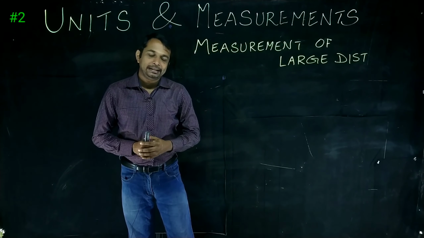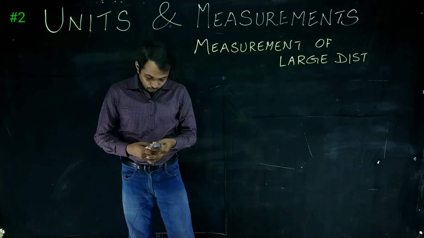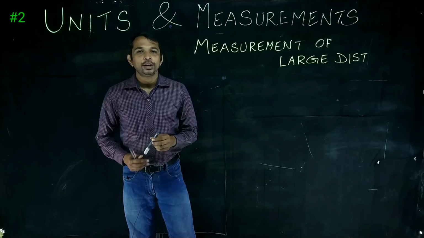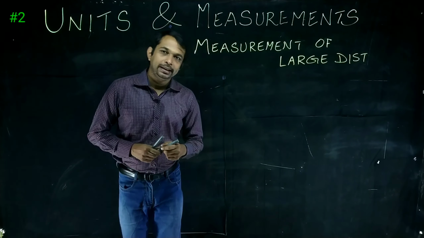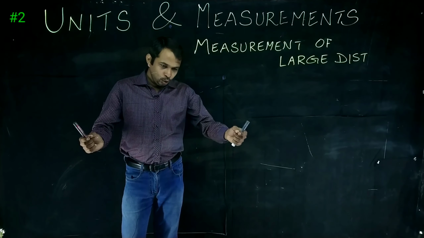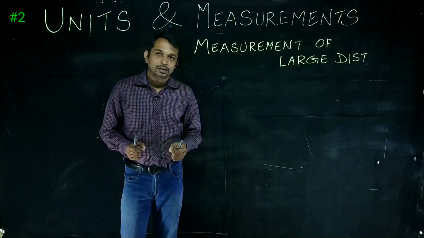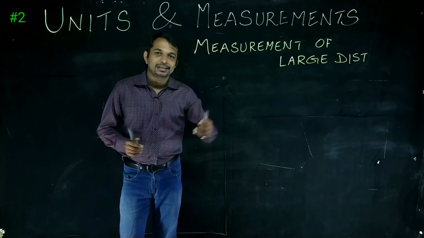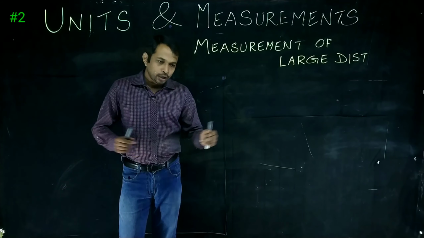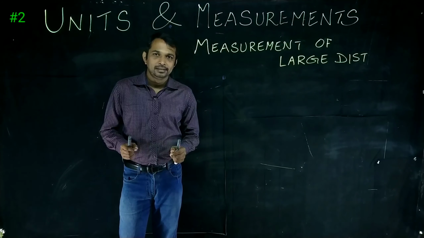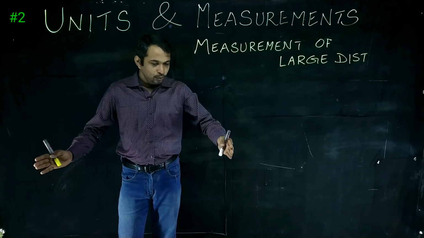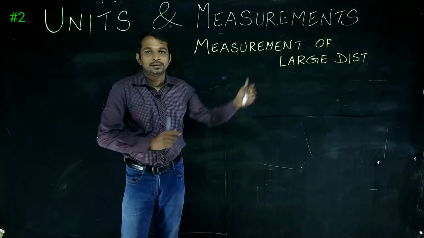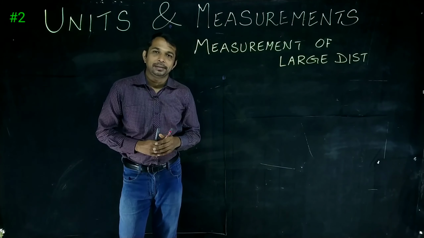Measurement of distances. We all know the SI unit of distance is meters, yes, but using a meter scale, what is the range of distance that you can measure? You can measure 1 centimeter, you can measure up to 1 millimeter, and if you put a meter scale 1000 times, you can measure 1 kilometer.